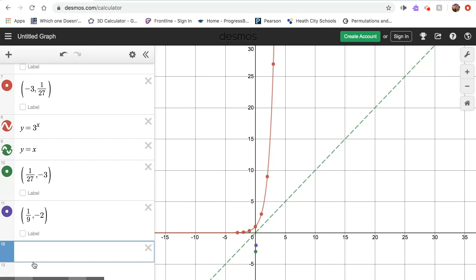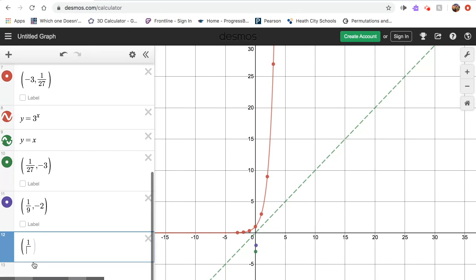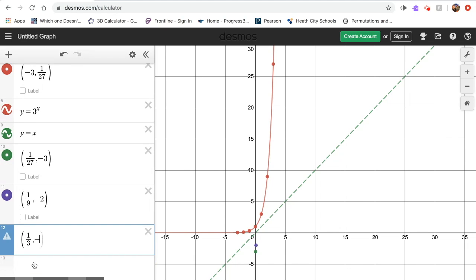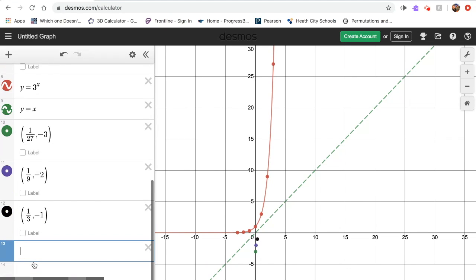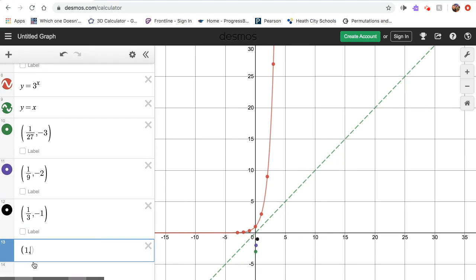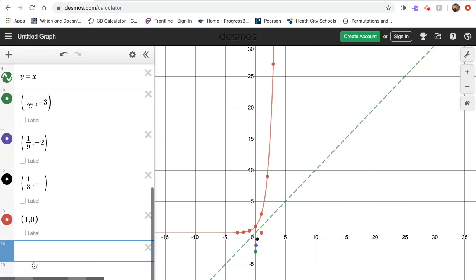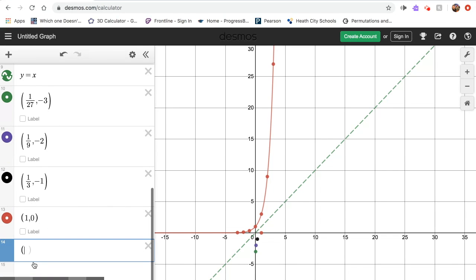And then negative 1, 1/3 would become 1/3, negative 1. The other point there I have of 0, 1 would become 1, 0. Next point that I had there of 1, 3 should become 3, 1.